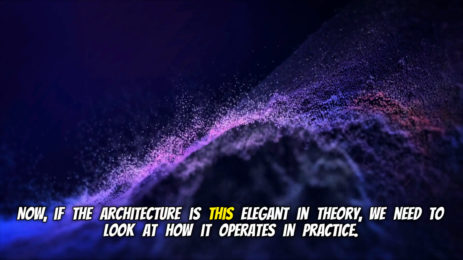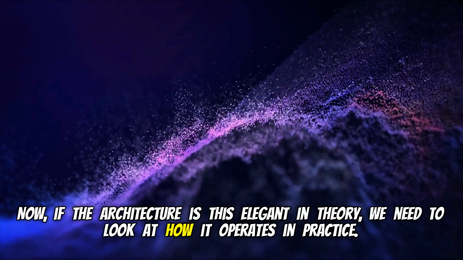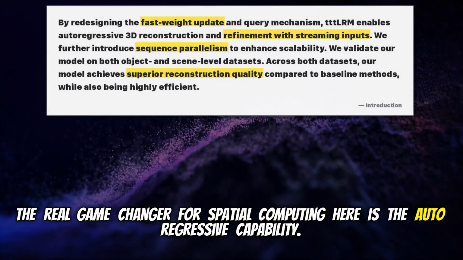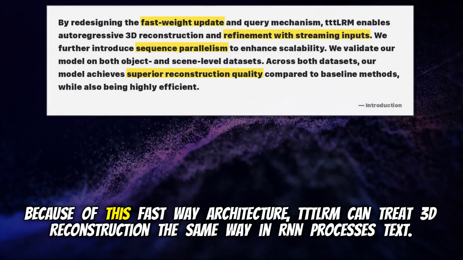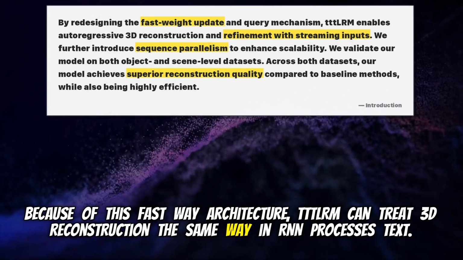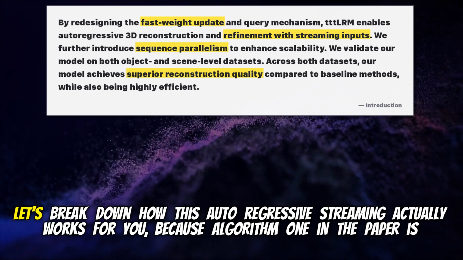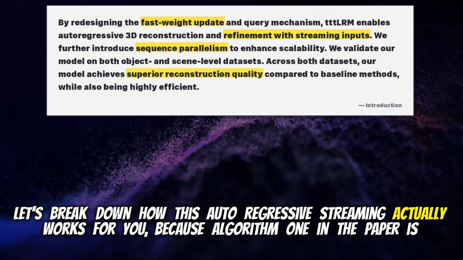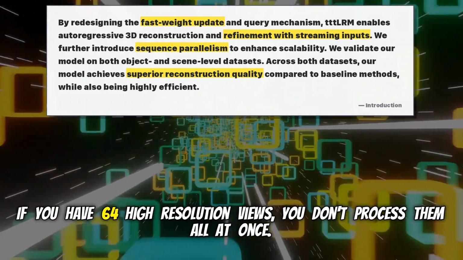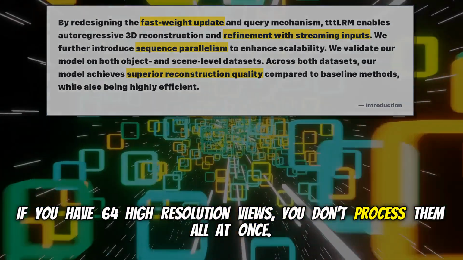Now, if the architecture is this elegant in theory, we need to look at how it operates in practice. The real game changer for spatial computing here is the autoregressive capability. Because of this fast-weight architecture, tttLRM can treat 3D reconstruction the same way an RNN processes text. Let's break down how this autoregressive streaming actually works, because Algorithm 1 in the paper is fascinating. If you have 64 high-resolution views, you don't process them all at once.